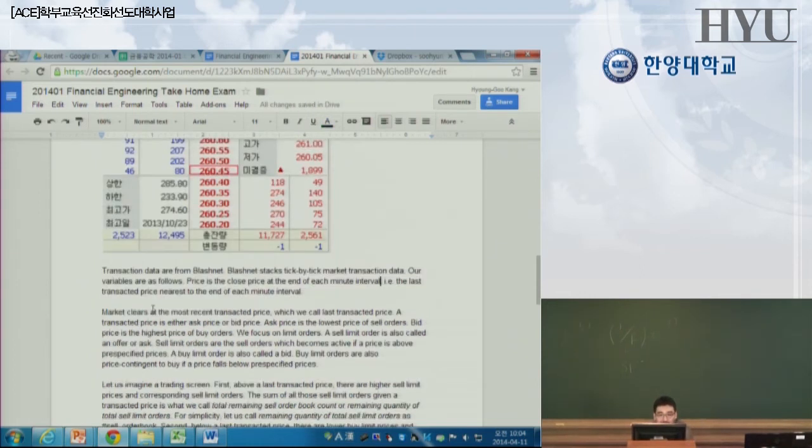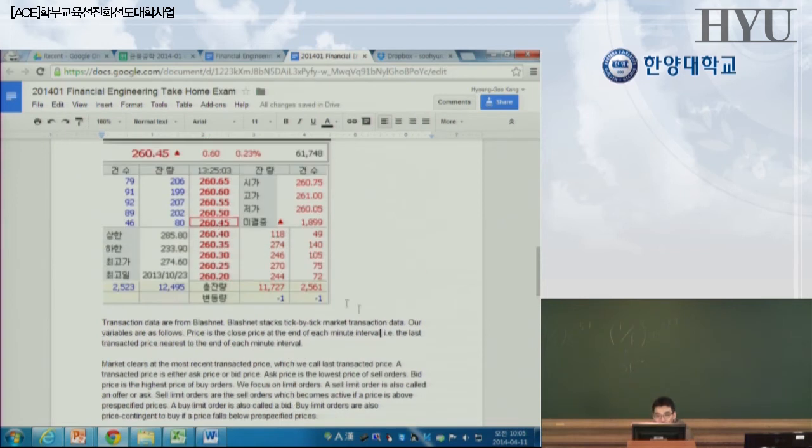The market clears at the most recent transacted price. So this is the transacted price 260.45, which we call the last transacted price. The transacted price is either the ask or the bid price, and in this case it is actually the bid price. Ask price is the lowest price of the sell orders.